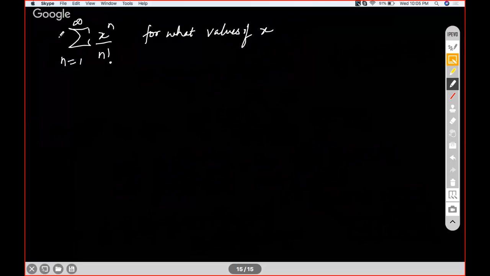But there are some questions like the one which I'm going to give you right now. Let's say x to the power n by n factorial. For what values of x does this series converge?